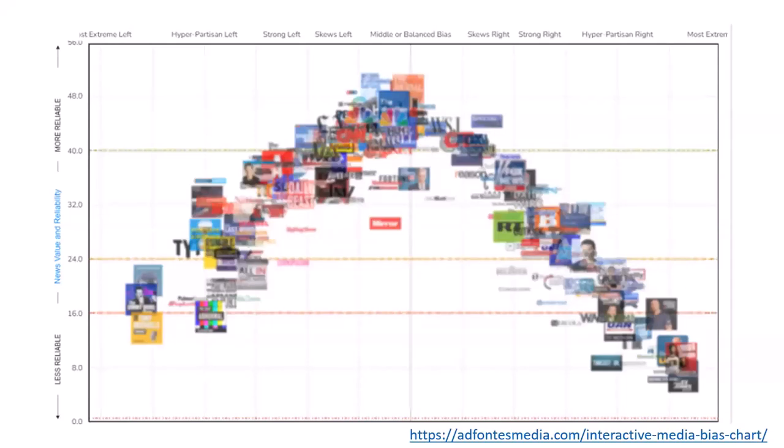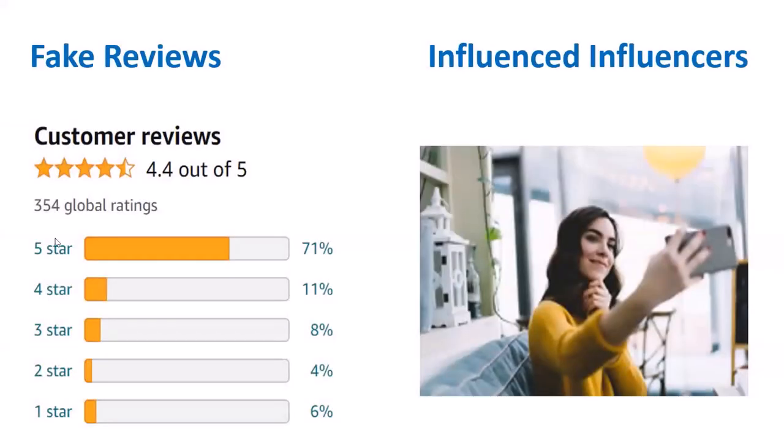But fake news is not the only type of disinformation. There are quite a lot of other types, and some of them might surprise you. We've got fake reviews on Amazon. These can be either fake positive reviews from people who are trying to promote their merchandise, or fake negative reviews from people who are trying to downgrade their competitors.